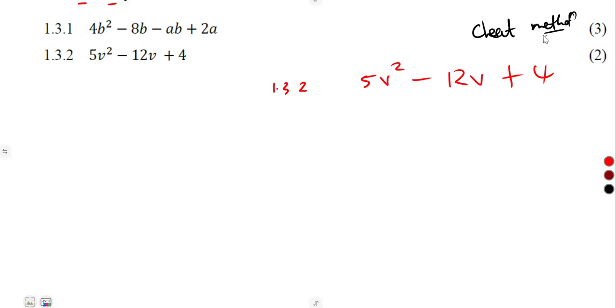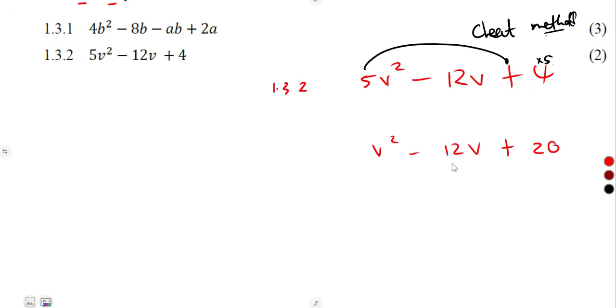Under our factorization, I explained something about cheating this, where we want to make the coefficient of v squared a 1. So in order to do that, we are going to remove it and multiply it to the constant. So it's going to be times 5 here. That's v squared. We have removed the 5, so it will be v squared, minus 12v plus 5 times 4, that's 20.